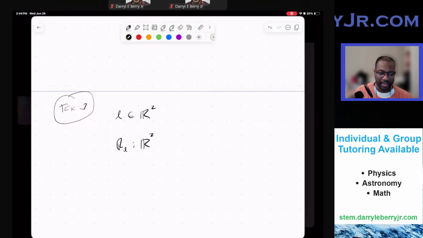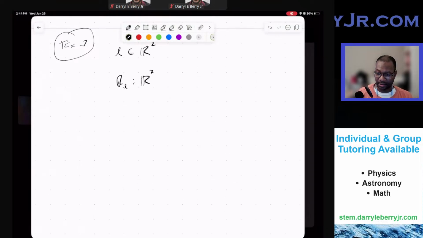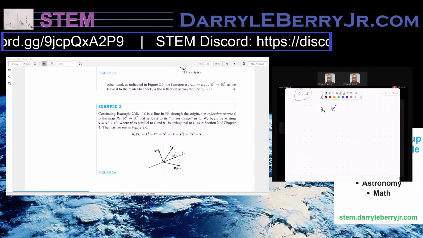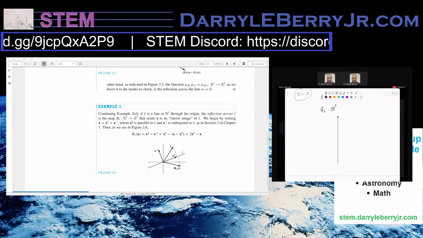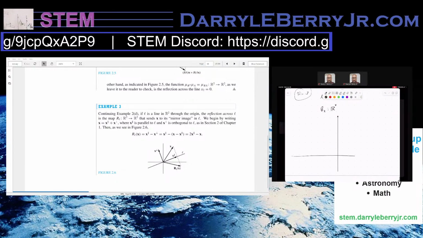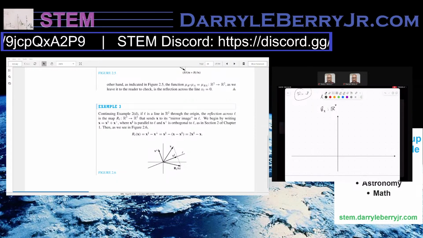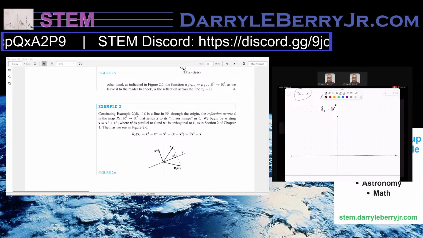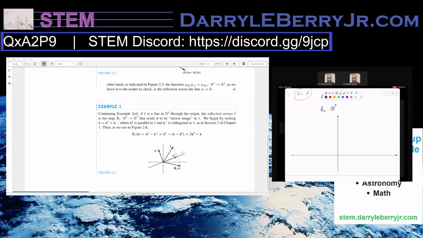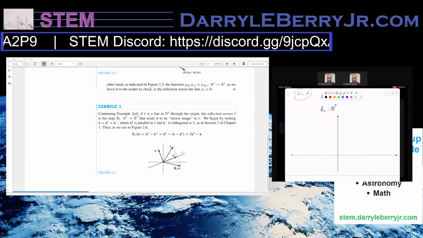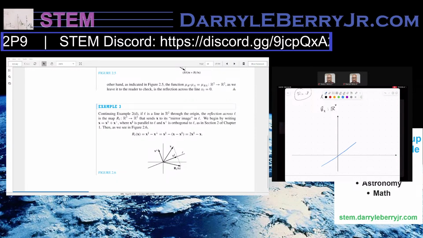Okay, we begin by writing. So let's take a look at the diagram, starting here. We have, drawing my axes first, and then we have L going through the origin.